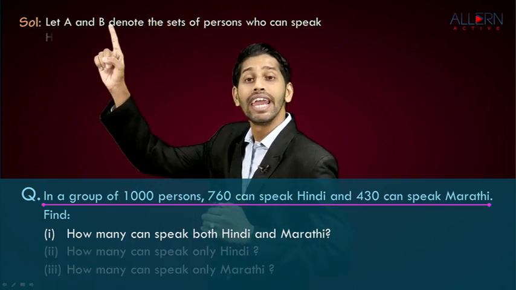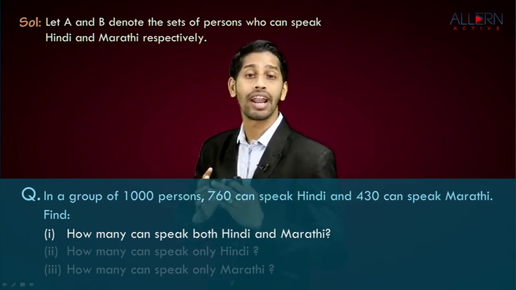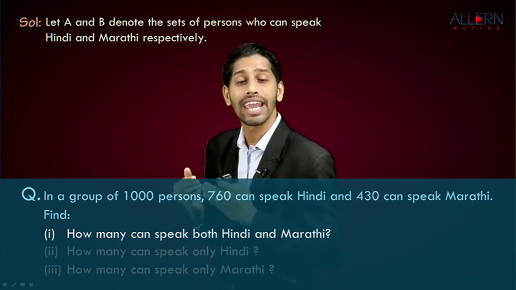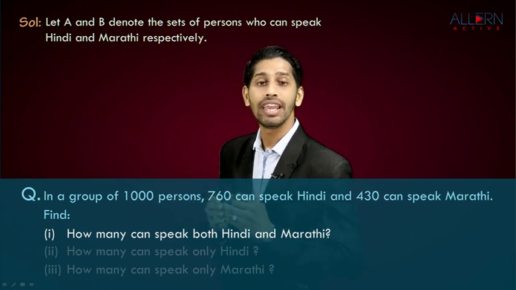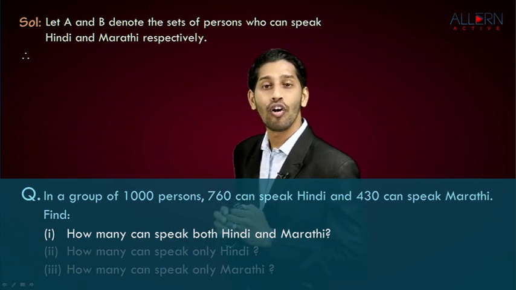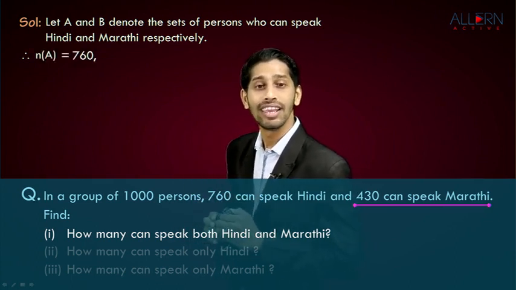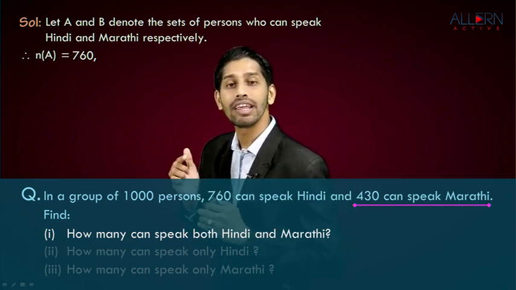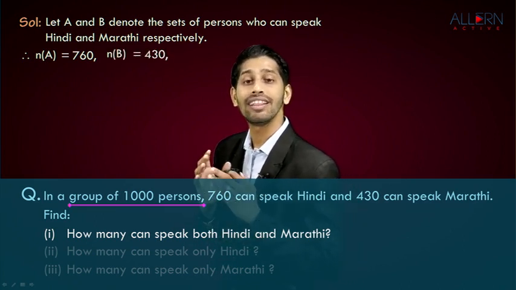Let A and B denote the set of persons who can speak Hindi and Marathi. That means we have denoted the number of persons who speak Hindi with letter A and the number of persons who speak Marathi with letter B. Since 760 can speak Hindi, in mathematical form it can be written as n(A) = 760. Since 430 can speak Marathi, it can be written as n(B) = 430.